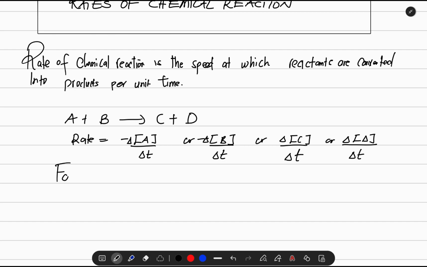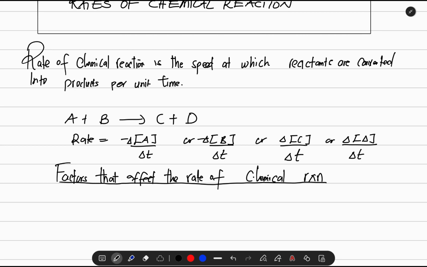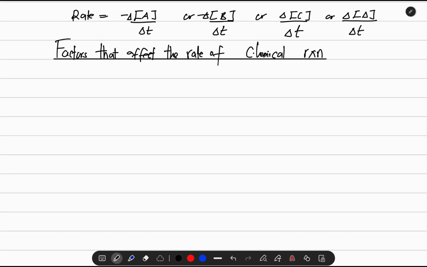So now, what are the factors that affect the rate of a chemical reaction? Number one, temperature.